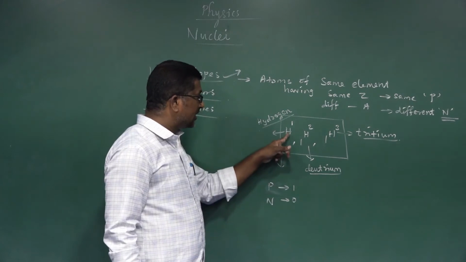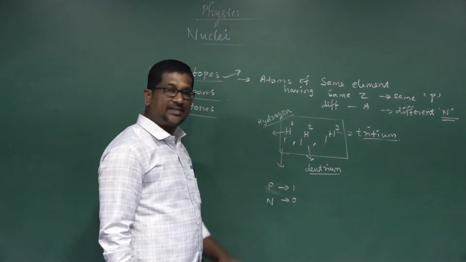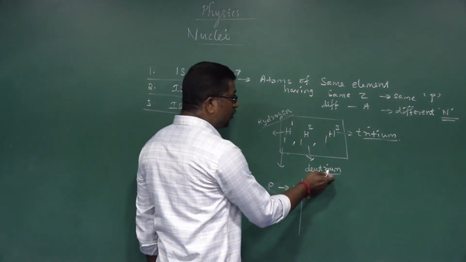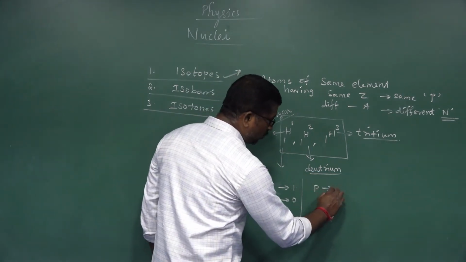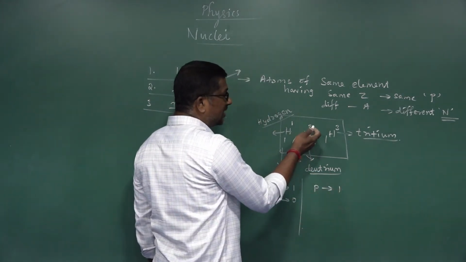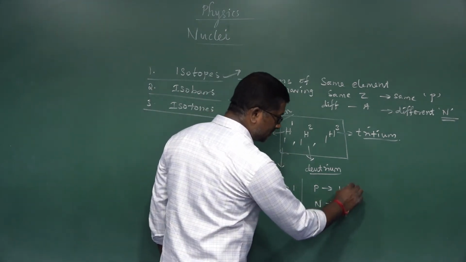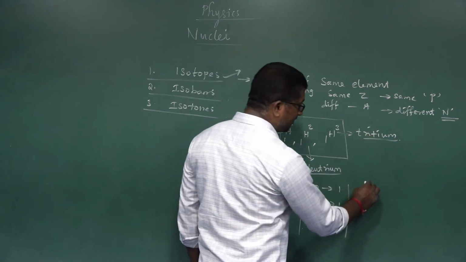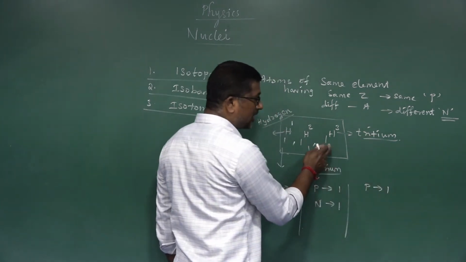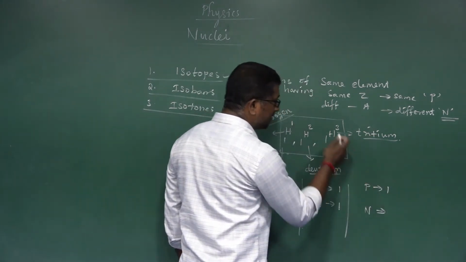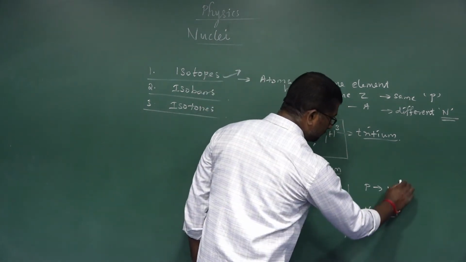So the proton number in hydrogen is 1 and the neutron number is 0. Right? In deuterium, the proton number is 1 and the neutron number is 2 minus 1, so the neutron number is 1. In the case of tritium, the proton number is 1 and the neutron number is 3 minus 1, 2.